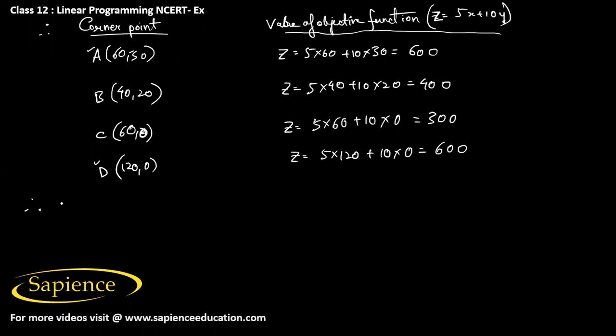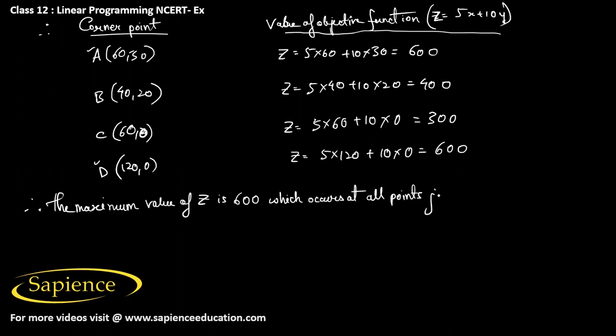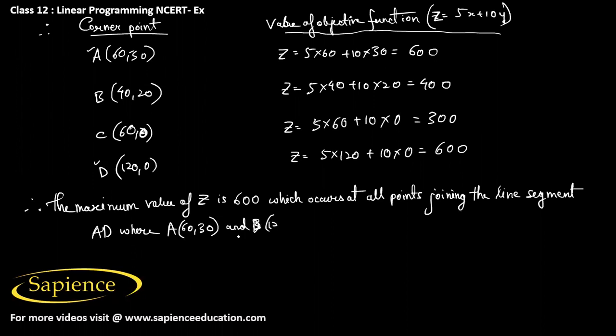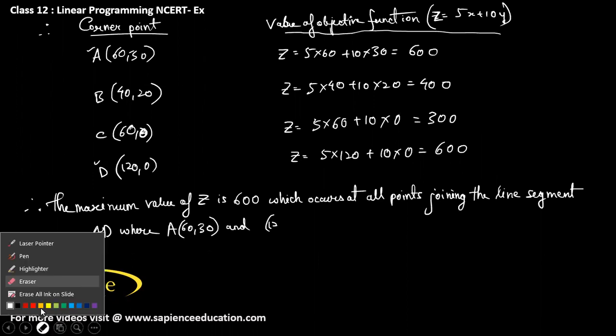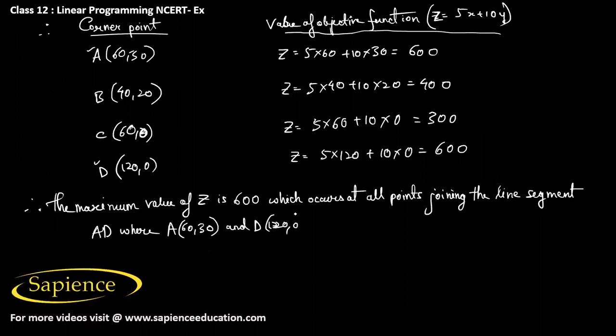So A and D. Therefore, the maximum value of z is 600, which occurs at all the points joining the line segment AD, where the point A is 60, 30, and the point D is 120, 0.